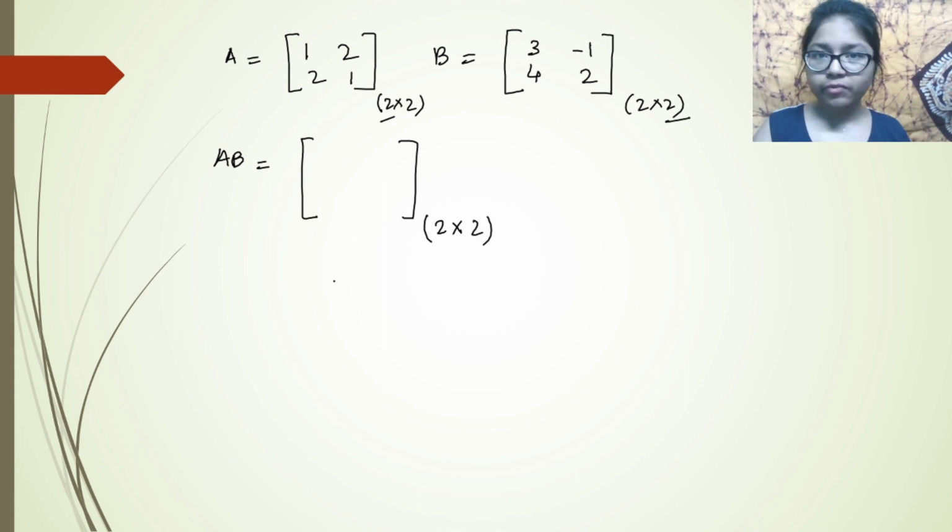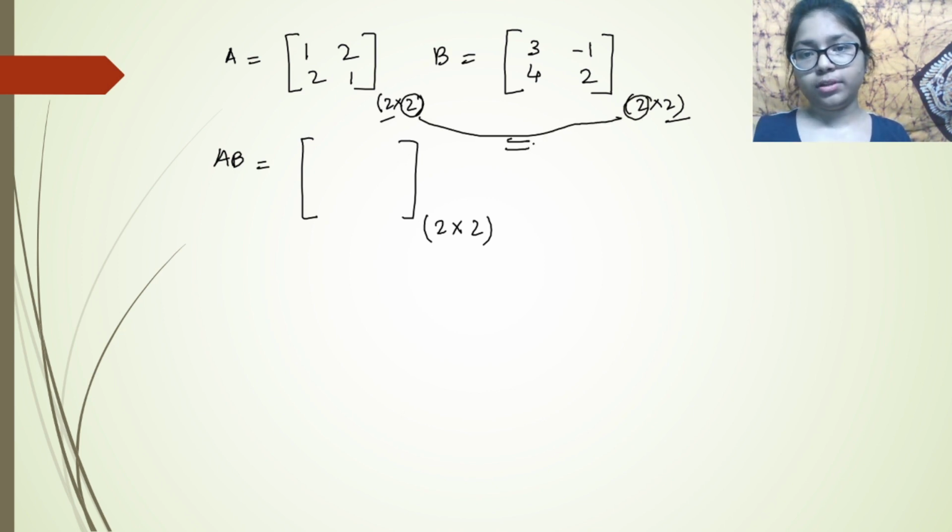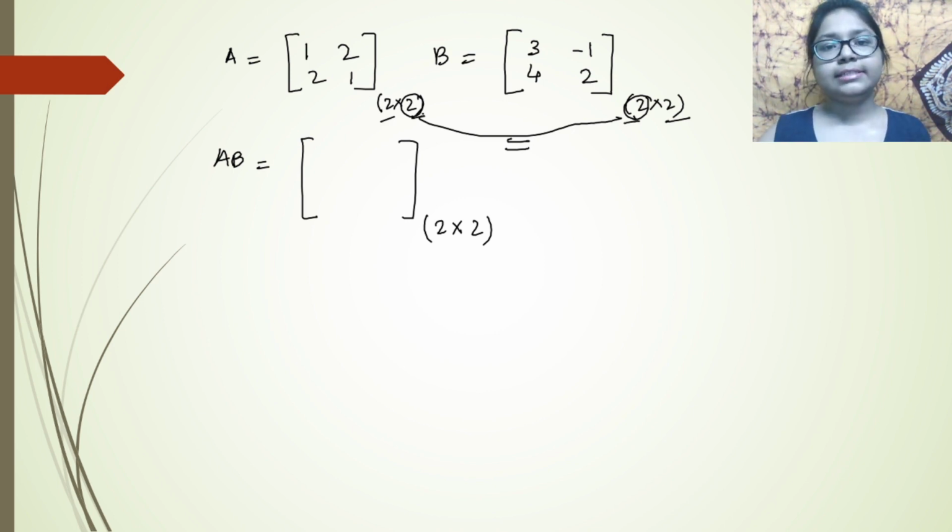Matrix multiplication is possible if the number of columns of the first matrix and the number of rows of the second matrix are equal, and the order of the resultant matrix will be the number of rows of the first matrix by the number of columns of the second matrix.